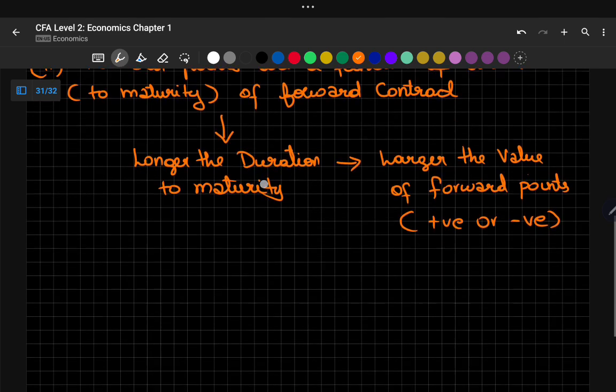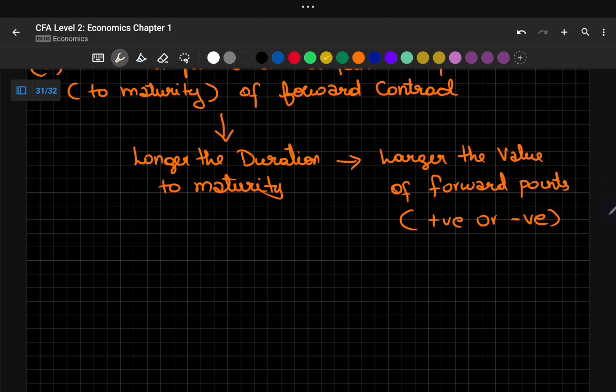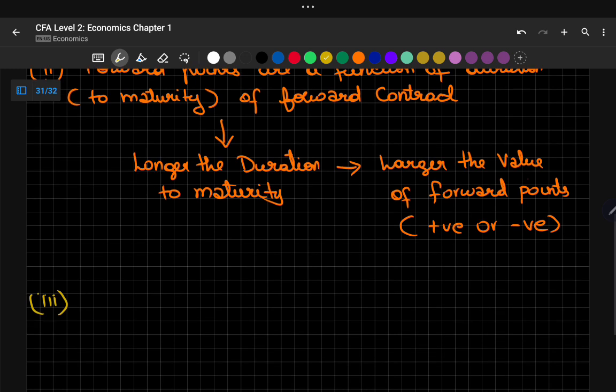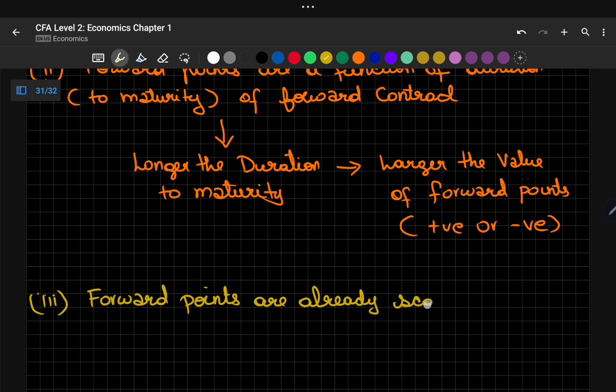Okay. Now the third point is the forward points are already scaled to each maturity. It is not annualized.